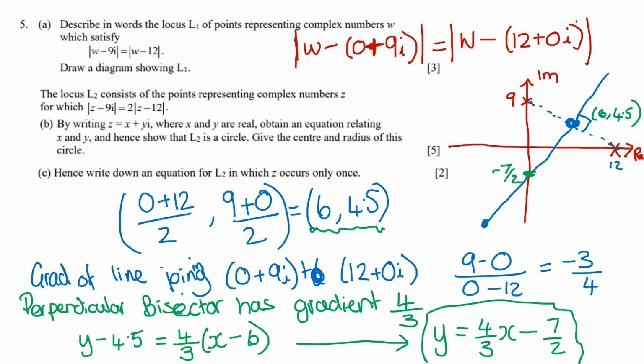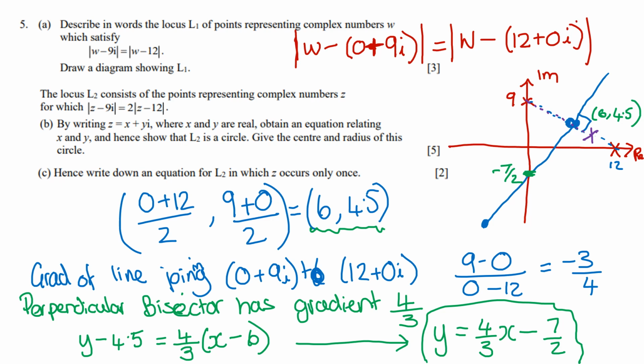Let's make him purple. So Zebedee's distance from 9i is twice that it is from 12. So he'd be about here basically, because that distance here is twice as long as that distance there.